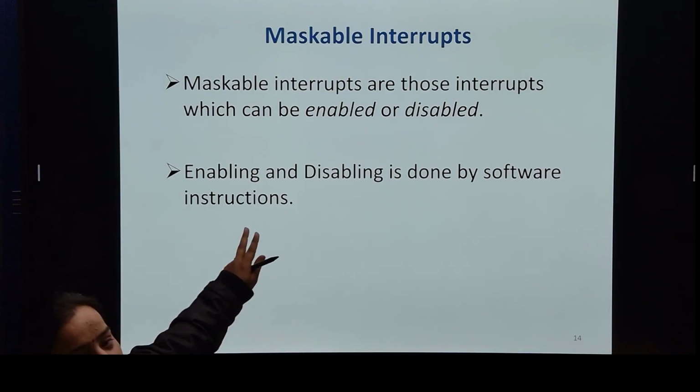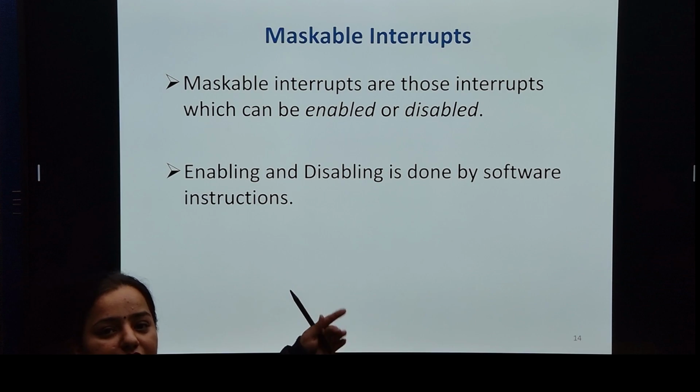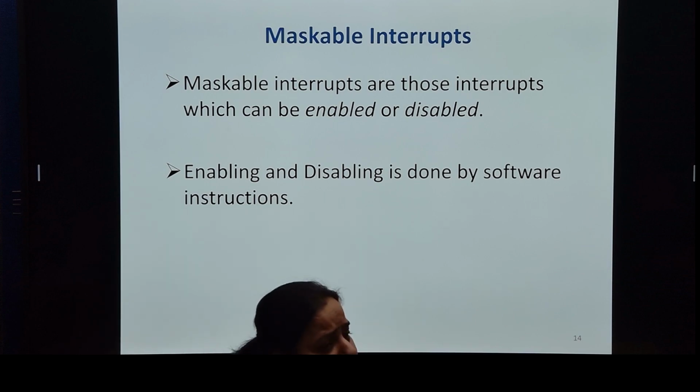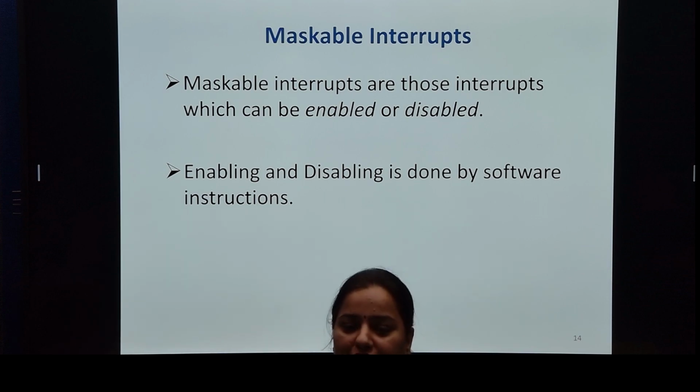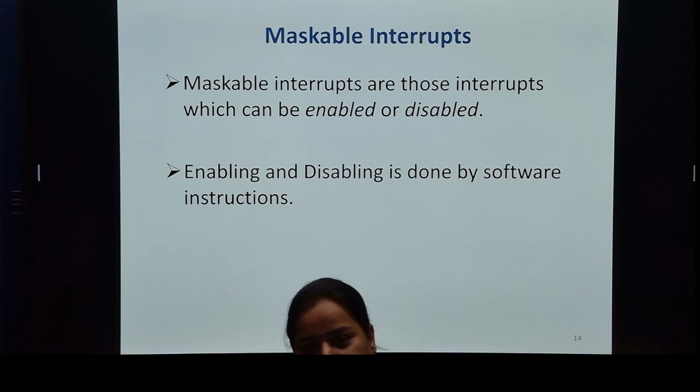Enabling and disabling is done with the help of a software instruction. We can provide an instruction to the microprocessor whether to enable or disable the interrupt.